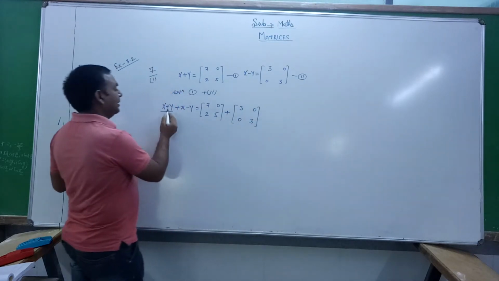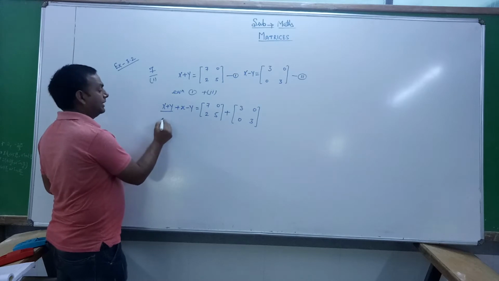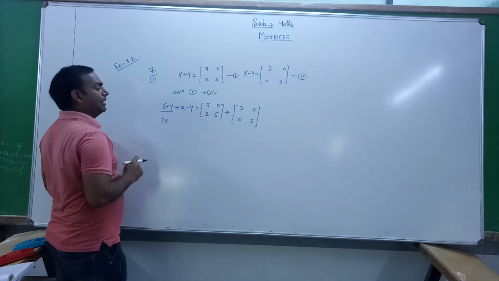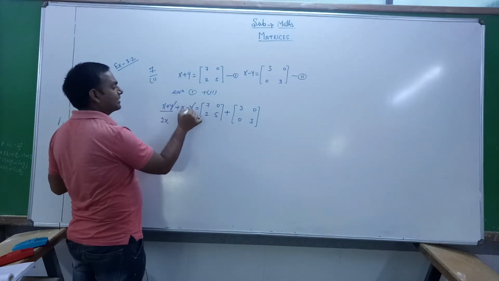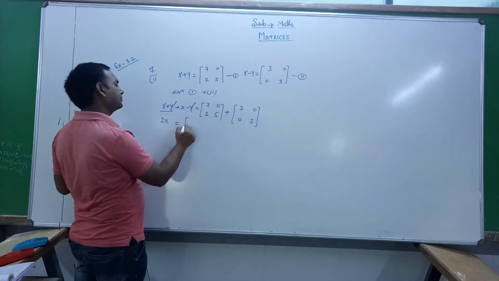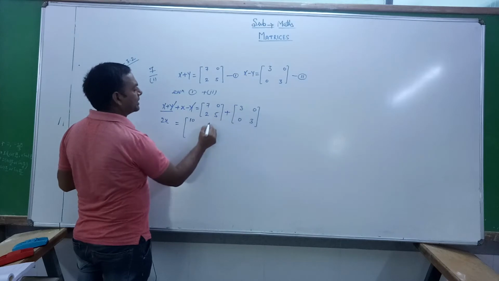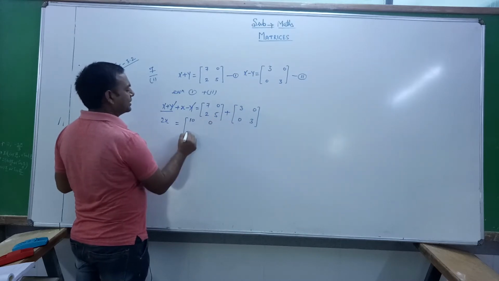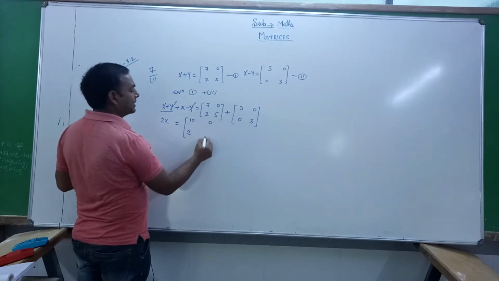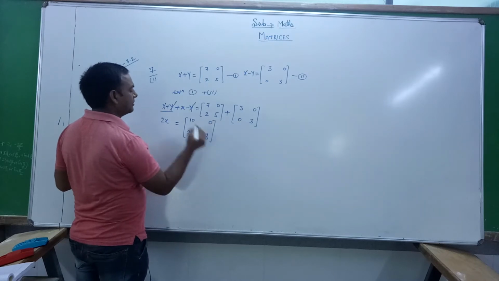Here you see x is positive, that is 2x, but y is negative, so y is cancelled by y. That is equal to 7 plus 3, which is 10, 0 plus 0, which is 0, 2 plus 0, which is 2, and 5 plus 3, which is 8.